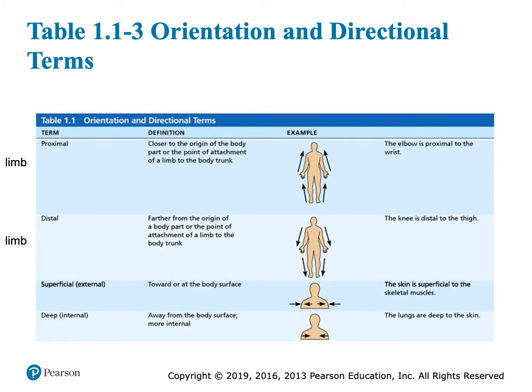So my elbow is proximal to my hand. The term proximal is going towards the body trunk, towards your body itself. Distal means you're going away from the trunk. So your hand is distal to your elbow, or your hand is distal to your shoulder.